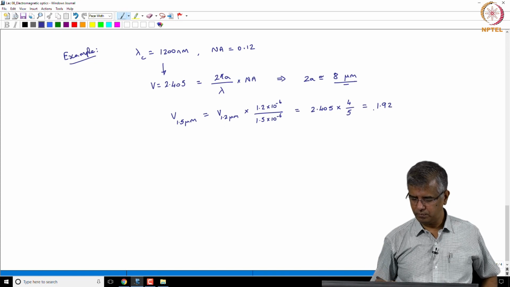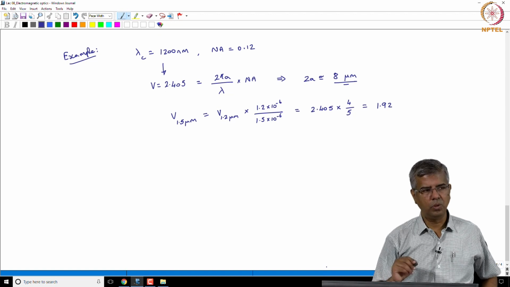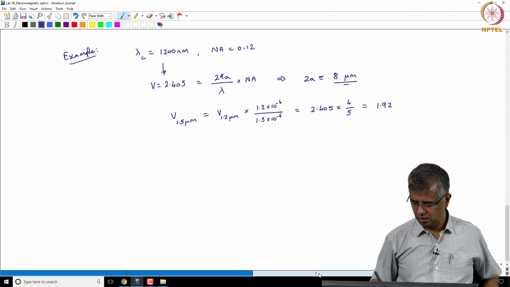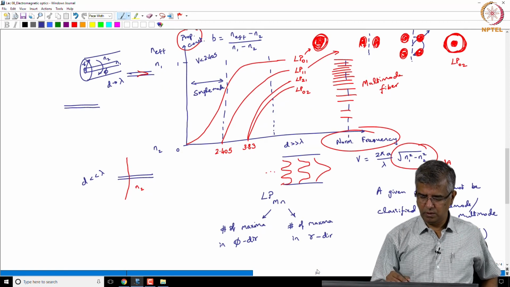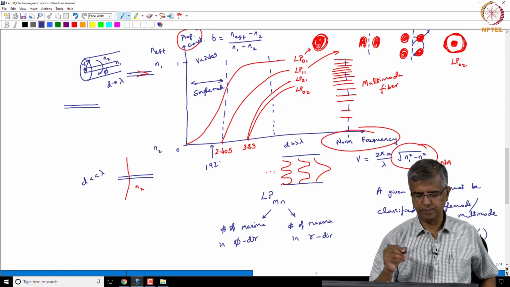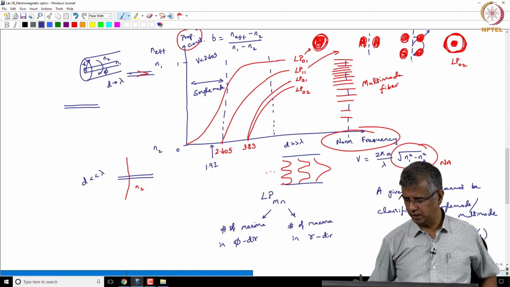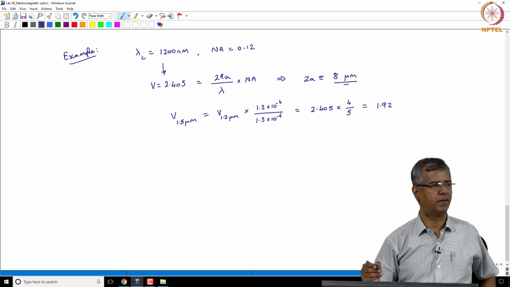So you have a V number of 1.92 at 1.5 micron wavelength. Okay. So where are we now? So 1.92 is somewhere over here, right. So it clearly behaves as a single mode fiber, as you go to longer wavelengths.